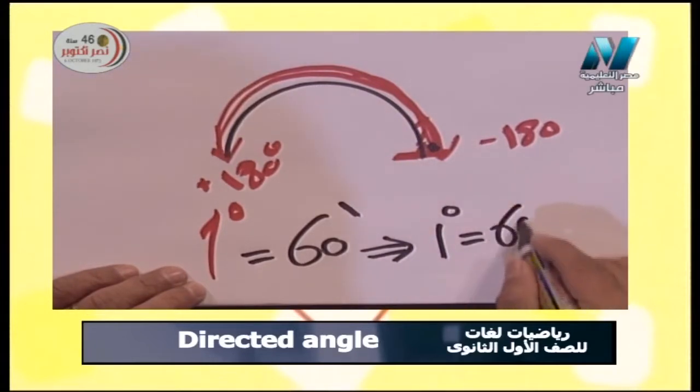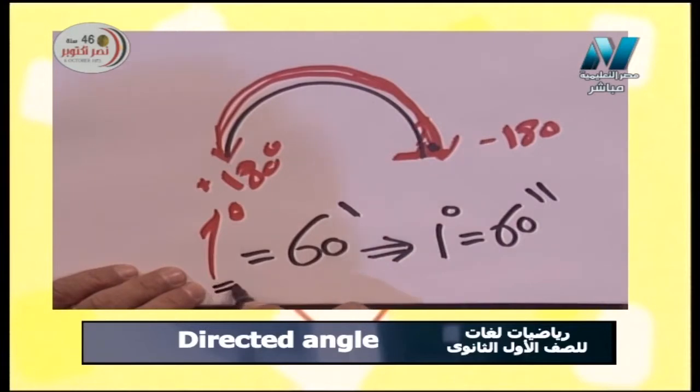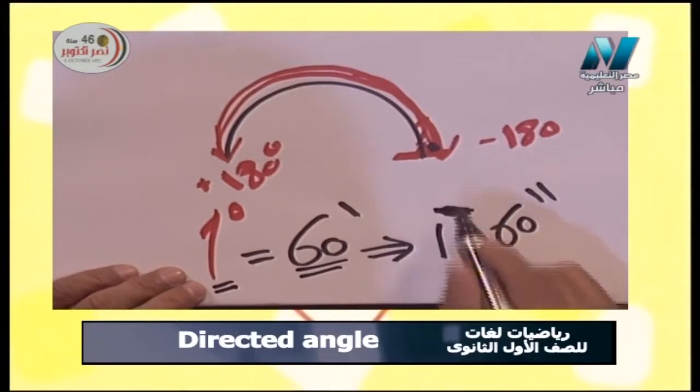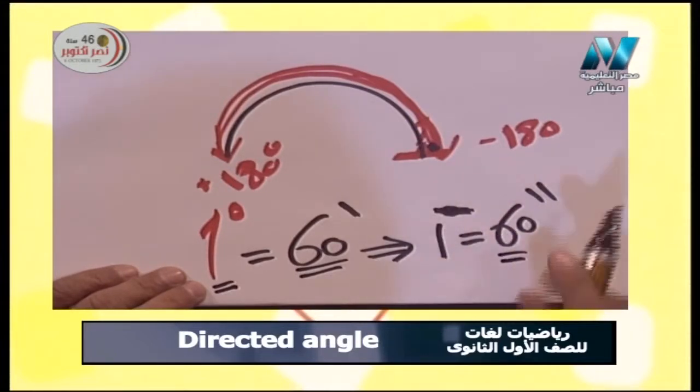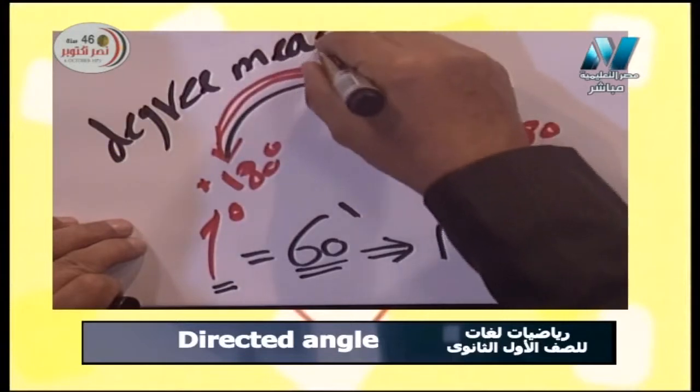We call it 60 seconds. So 1 degree equals 60 minutes, and 1 minute equals 60 seconds. Okay, this is the degree measure.